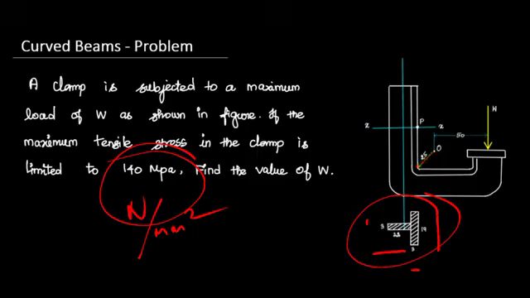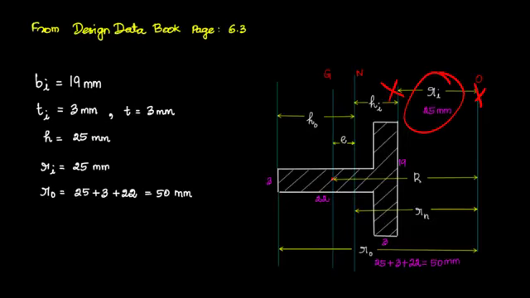So we can simply say the distance Ri is 25, and they have given the width of the cross section. The width of the cross section is 25. So the distance from the center to the outer fiber is 25 plus 25, that is 50. So Ri is 25 mm and Ro is 50: 25 is already there, then 3 mm, then 22 mm.